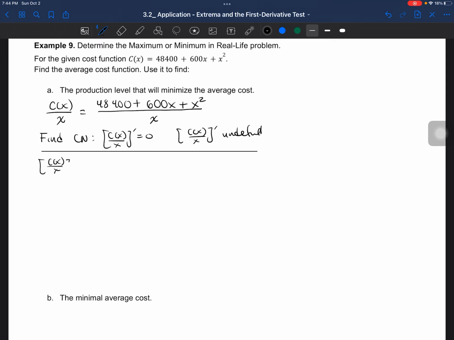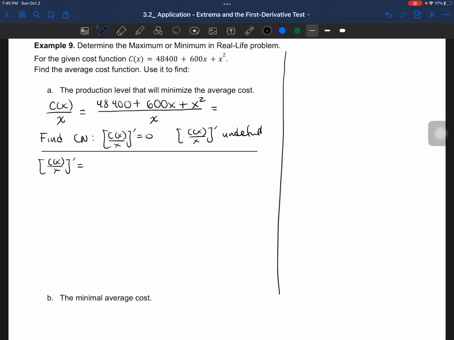So the derivative of c of x over x is going to be... we have two ways to approach this. We can use the quotient rule, or we can just simplify this real quick in a different way, and then just take the derivative of that. Either way, it should be fine. Let's just do the quotient rule.